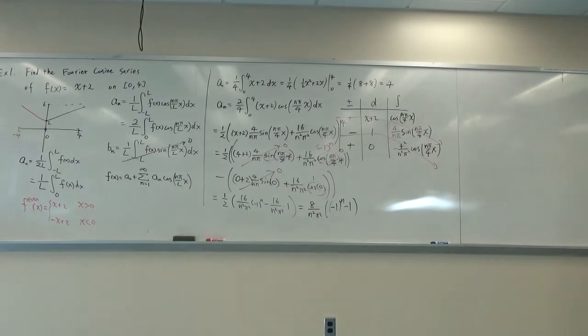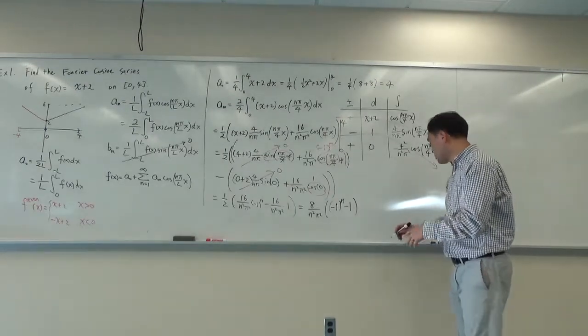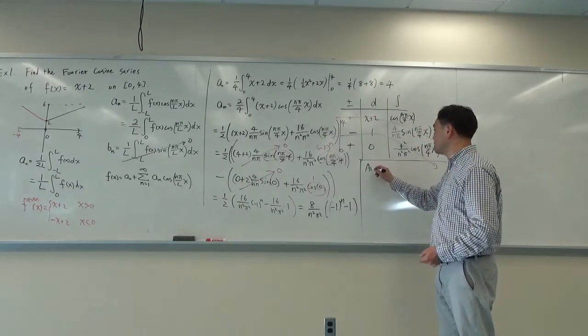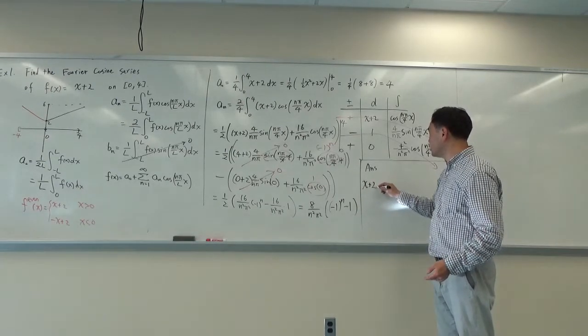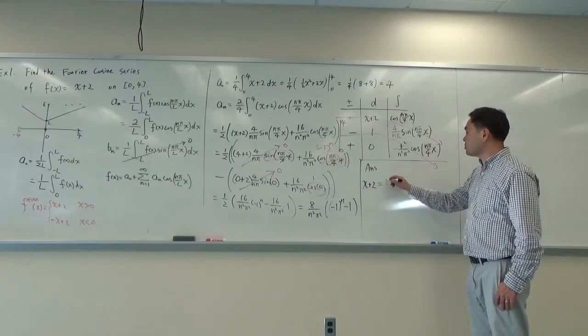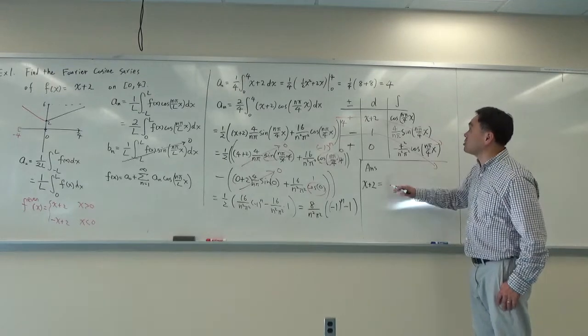Okay, so we got the A0, we got the An. Do we need Bn? No, because this is asking for the Fourier cosine series, so we're thinking of our function as an even function. So the final answer would be that x plus 2 is equal to the summation of, oh no, not that one. A0 should be appearing first.